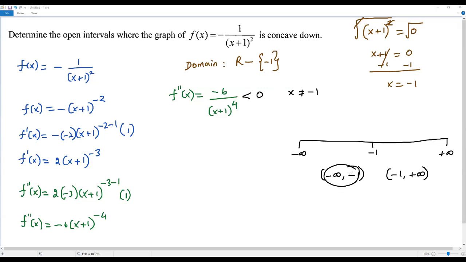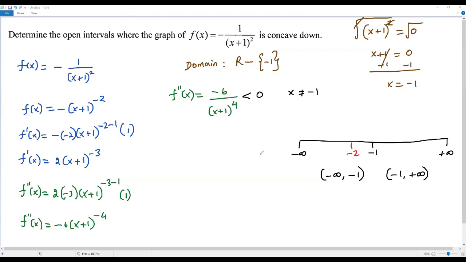I am writing open intervals because the question targets only the open intervals where the graph of the given function is concave down. Now let me consider the first interval, values between negative infinity and negative 1. Let me take a random value in this interval, for example, negative 2.